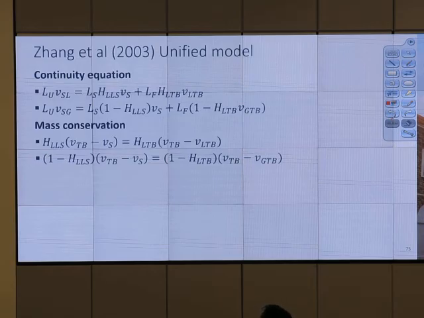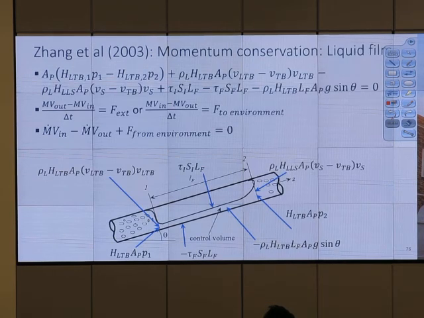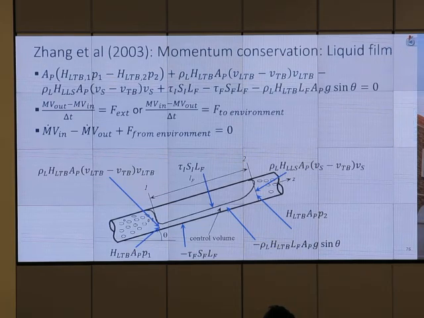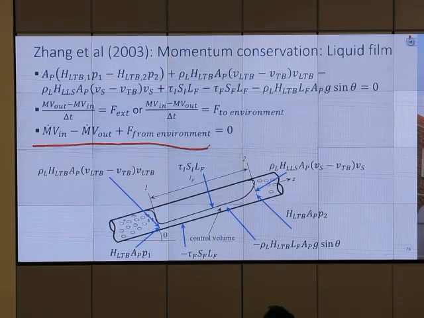Okay. So we have the continuity equation, the mass balance, and then we have the momentum balance. Momentum balance is this one: dp/dt equals F. The change of momentum per unit time is force. When they actually do it, they use m dot multiplied by velocity in, minus m dot multiplied by velocity out, plus force from the environment, equal to 0.